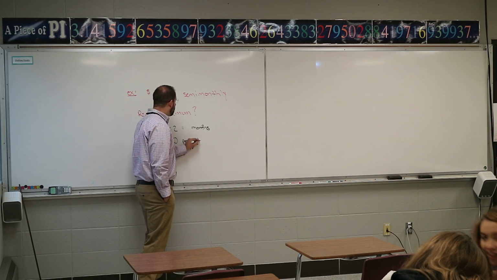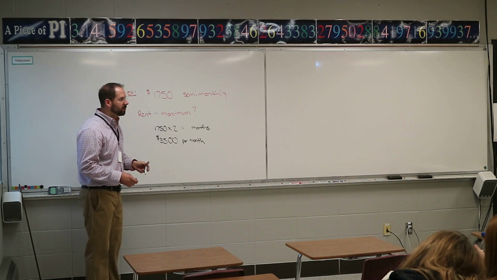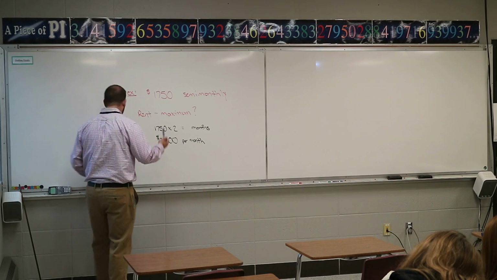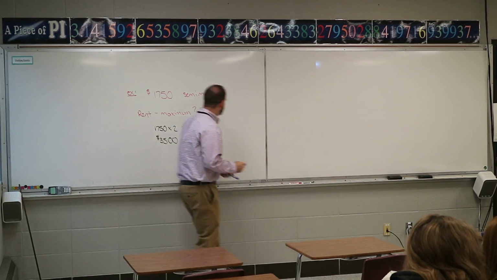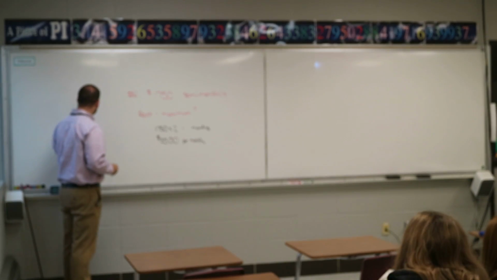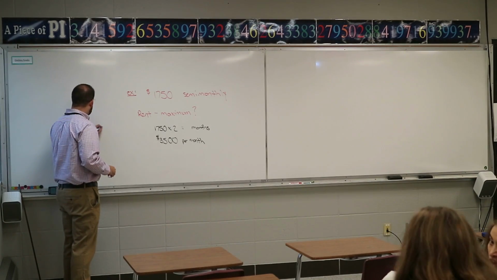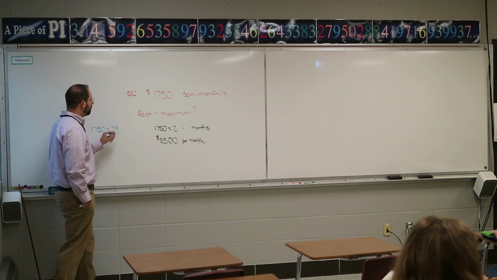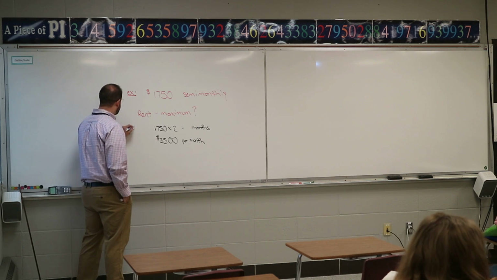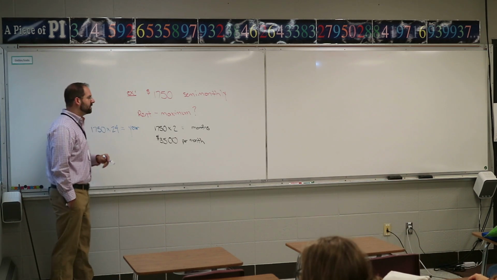Now, that's one way you can do it. If that didn't make any sense to you why I took it times 2, you can use that chart that I'll put up here in a second. And what you can do is you can take that 1,750 times 24. That tells you what you make per year. This is a year's salary, because that's what the chart says.